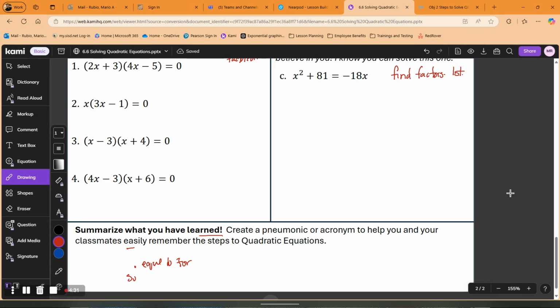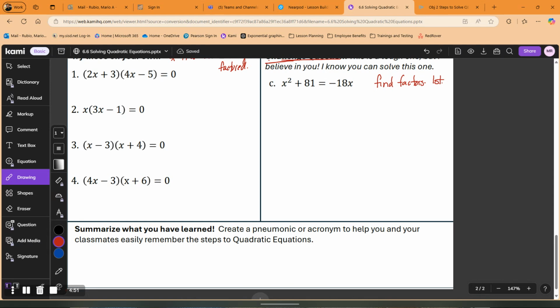Okay, it's kind of hard. You're going to have to come up with your own way to memorize. You don't always have to start with the first letter, but figure out a way to create a shortcut or a mnemonic device or a little sentence to help you remember the steps 1, 2, 3 for solving quadratics by factoring. Okay, and that's it for today.